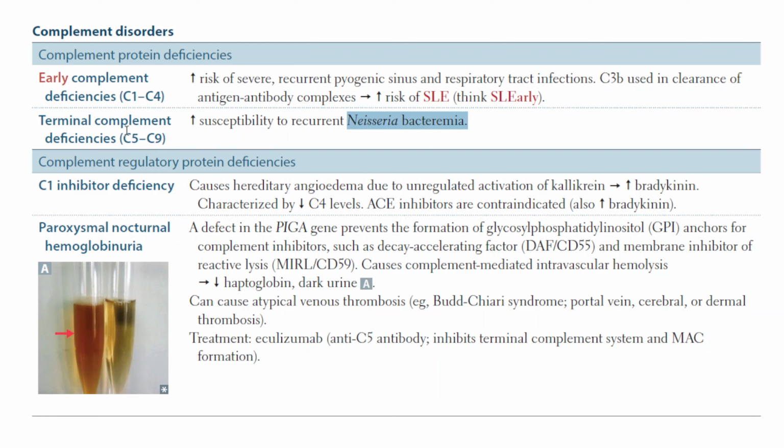Remember, think of a MAC from 5 to 9, and you're going to get Neisseria bacteremia inside the MAC. So this is important to remember. Eculizumab is the treatment for paroxysmal nocturnal hemoglobinuria.